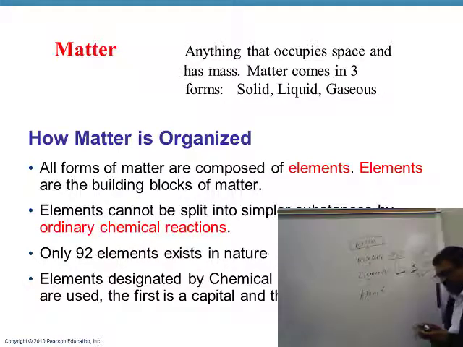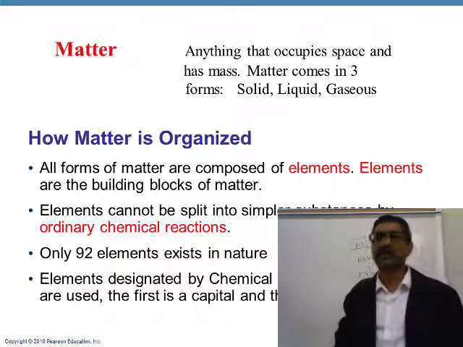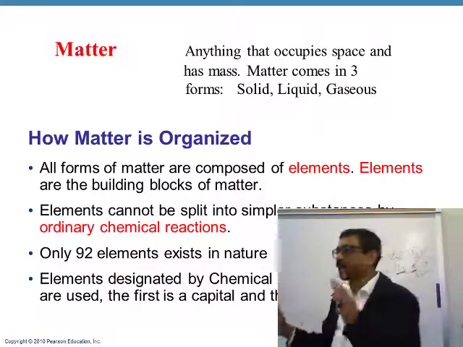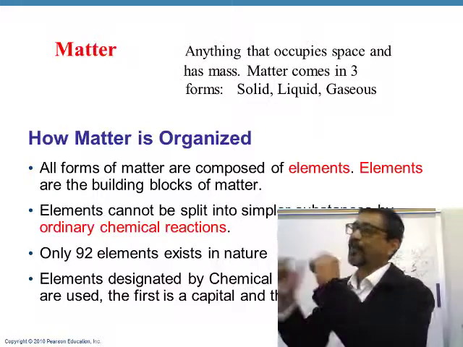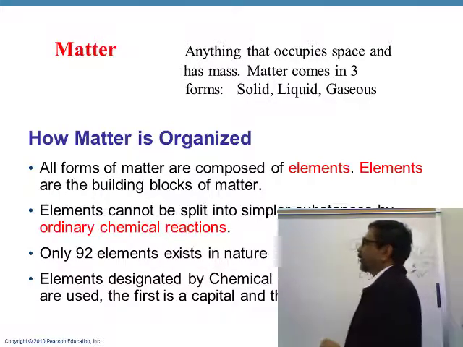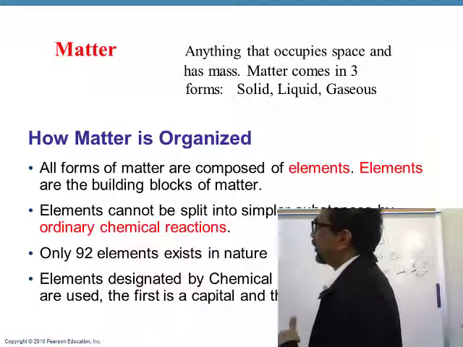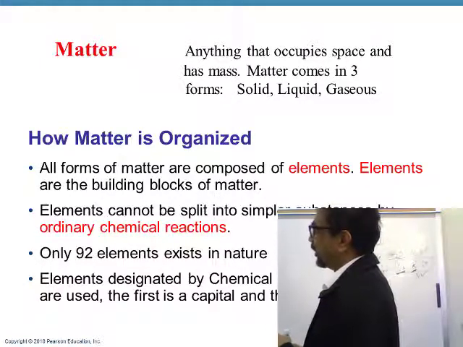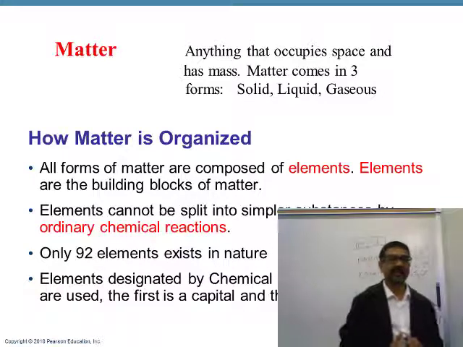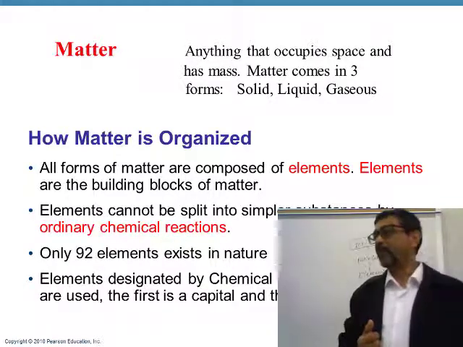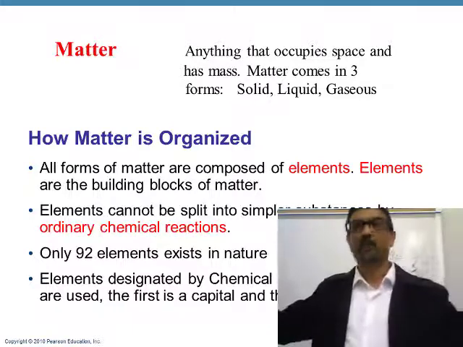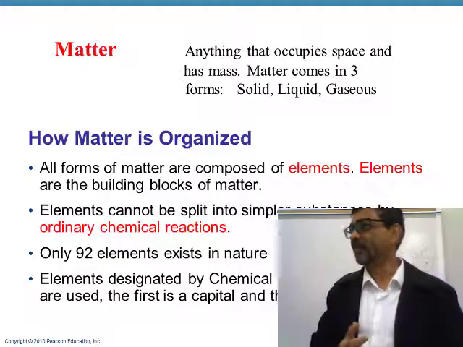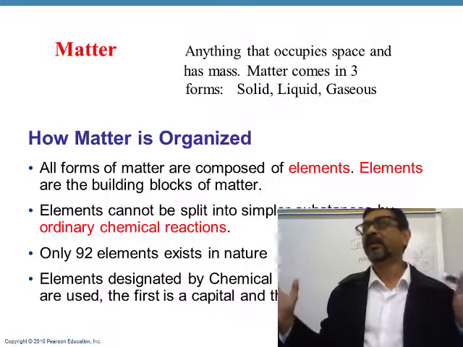Then matter. Matter is anything that occupies space. Okay, so anything around you that you see that occupies space is matter. Matter exists in three forms: solid, liquid and gaseous. You see in this room so many different things that occupy space, and all these are matter.